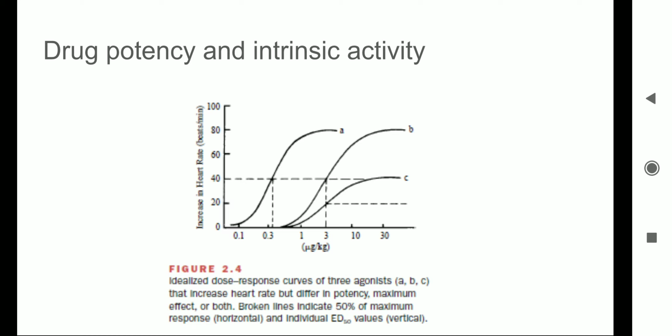This is because drug A and drug B are full agonists for the enzymes or the receptor, but drug C is a partial agonist. So that is why its intrinsic activity is half the maximal effect of drug A or drug B. So the potency of drug C is less than drug A or drug B.